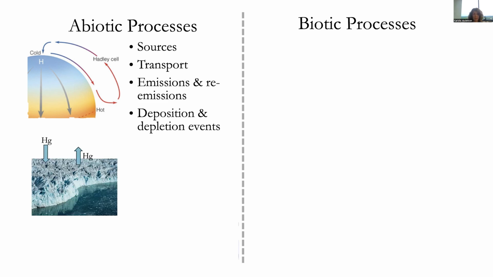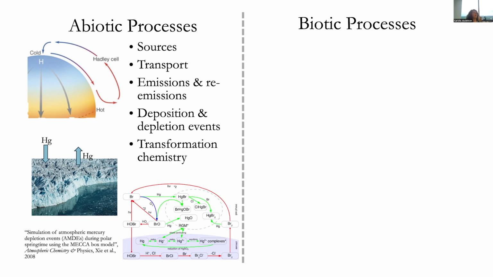And after that has occurred, mercury moves around quite a bit across the landscape. There's emissions and re-emissions, and there's now legacy mercury, and there's deposition across the different areas of the landscape, and that can be affected by proximity to the coast and many other complex processes with the mercury chemistry in the atmosphere.